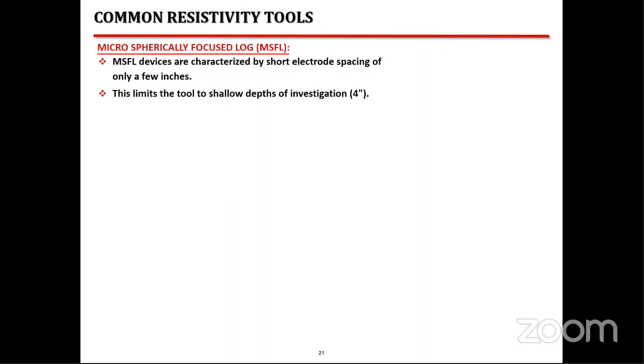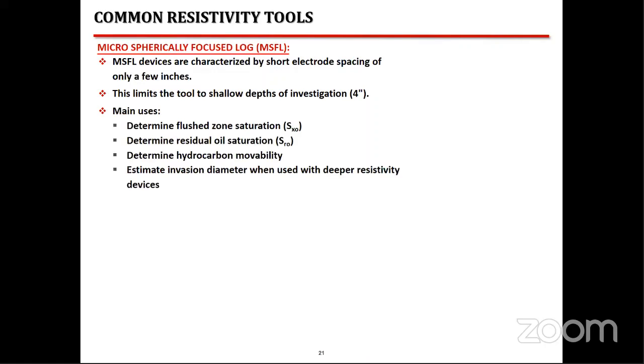This limits the tool to shallow depths of investigation of only 4 inches. The main uses of MSFL logs are to determine the flushed zone saturation, residual oil saturation, hydrocarbon movability, and to estimate invasion diameter when used with deeper resistivity devices.